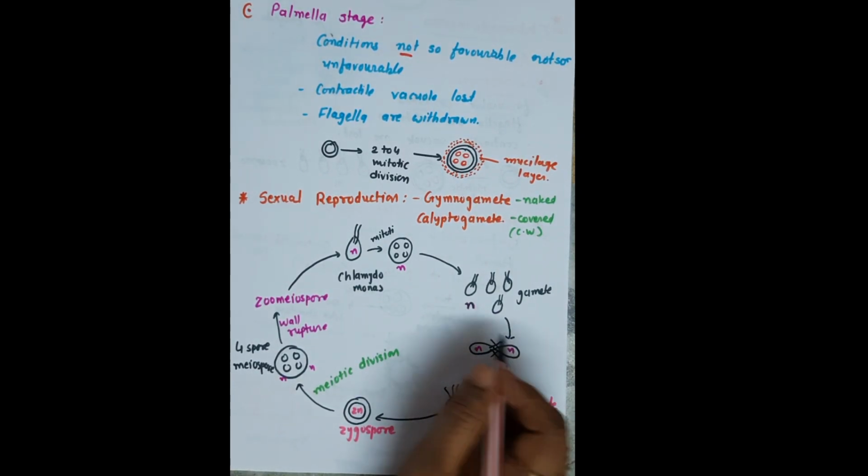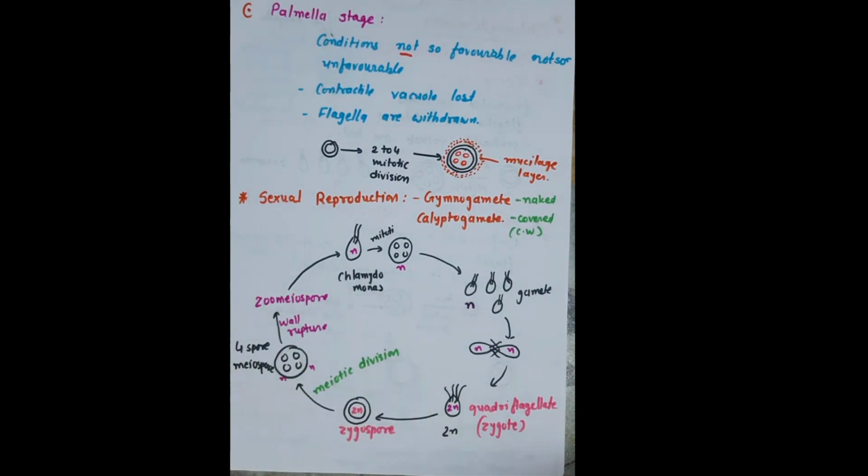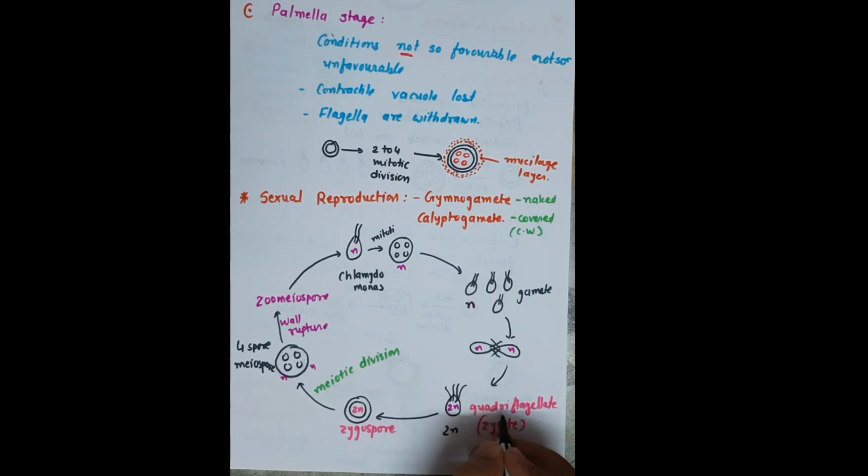The two gametes fuse from the apical side. So when these 2 gametes fuse, it becomes N and 2N, but now it has 4 flagella. So this zygote has quadriflagella. Quadri means 4 flagella.